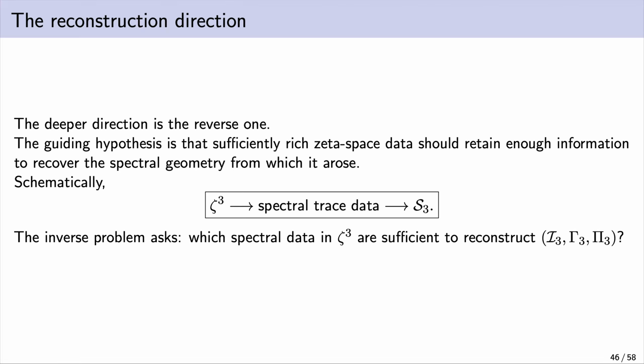And the inverse problem asks which spectral data in Zeta 3 are sufficient to reconstruct this triple which forms the seed, the 3 seed. And really we're asking about this for all the seeds, all the finite levels. But it's easiest to state for n equals 3 right now.